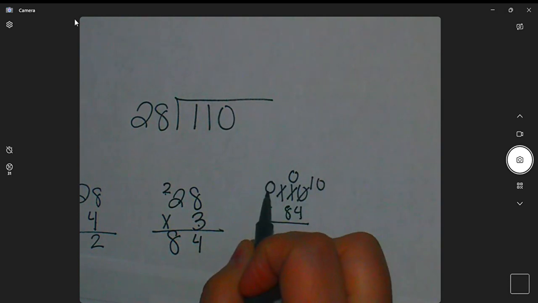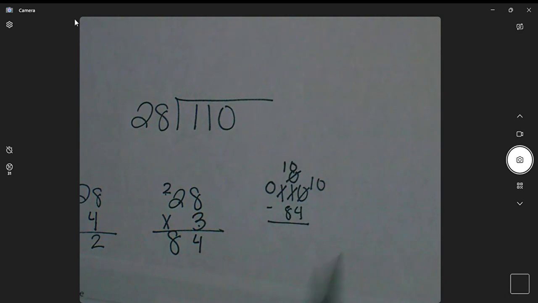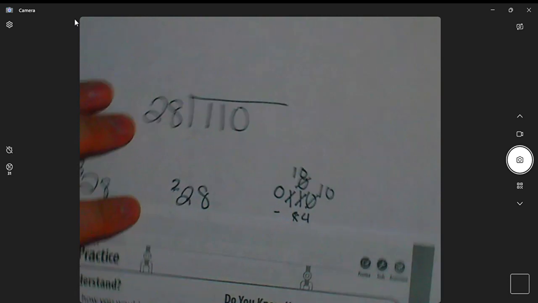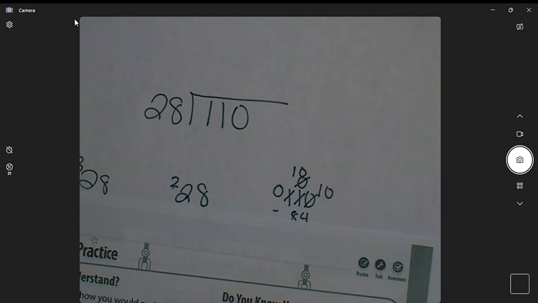So 1 becomes a 0. 0 becomes a 10. 10 minus 4 is 6. 10 minus 8 is 2. So 3 and 26/28ths. That is what that multiplies up to, 3 and 26/28ths.